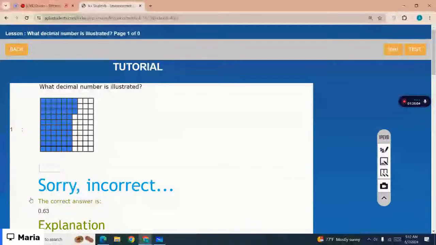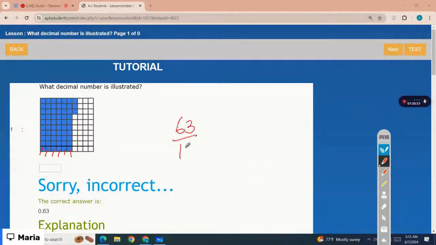One complete box has 100 small boxes, right? You have to see how many of them are colored. One line represents 10, right? 10, 20, 30, 40, 50, 60, and 1, 2, 3. That means out of 100, 63 of them are colored.